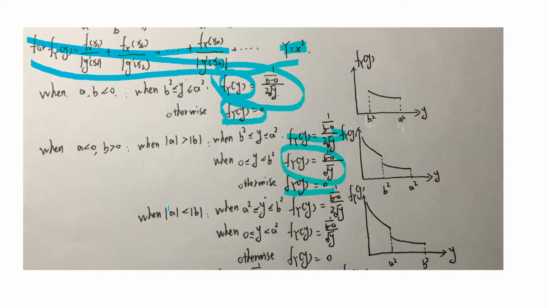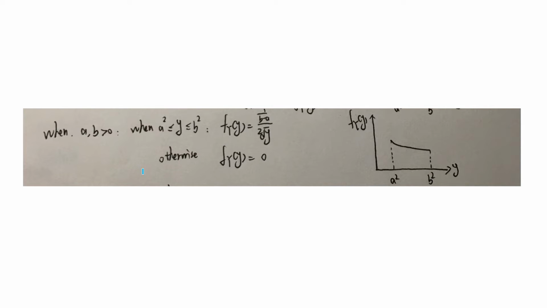Likewise, we can discuss the second sub-circumstance when the absolute value of a is greater than the absolute value of b, so we can get this. And likewise, we can discuss the final circumstance when a and b are both greater than 0.